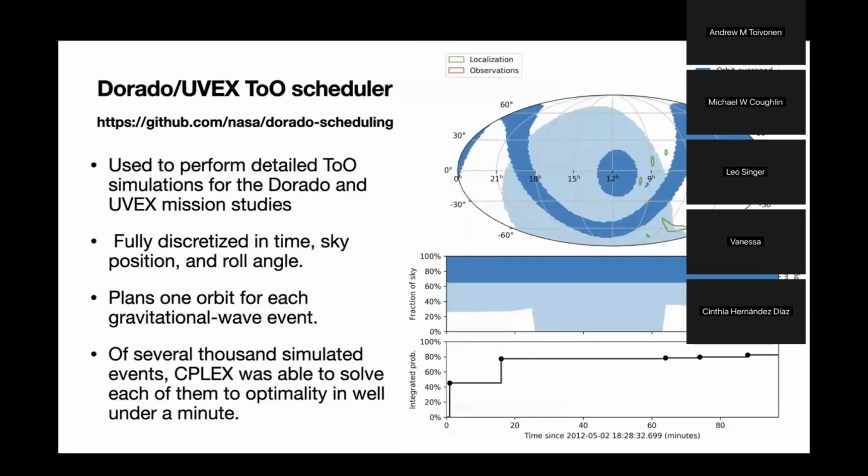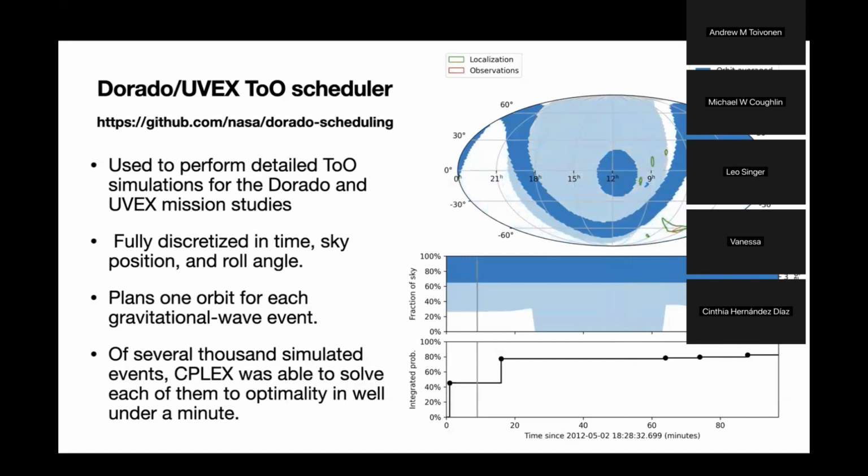And then this is another mixed integer programming scheduler that I wrote for a couple space missions that I've worked on. Both of these space missions are ultraviolet transient telescopes.